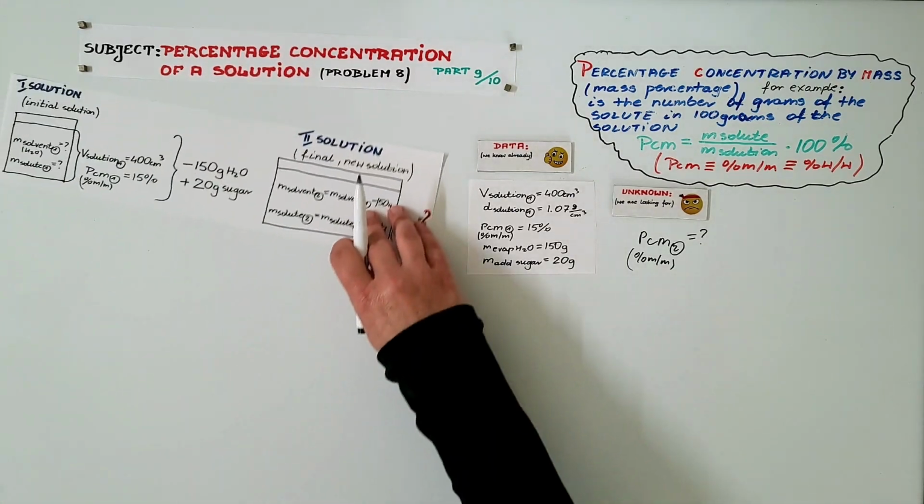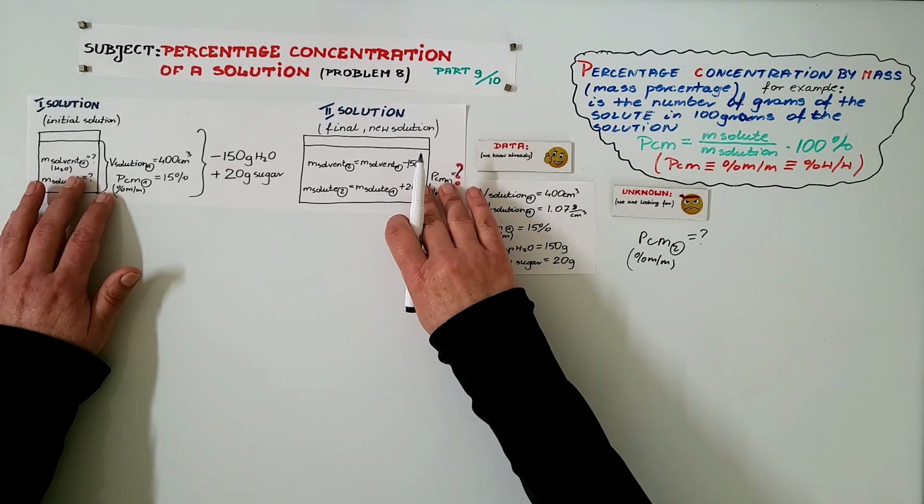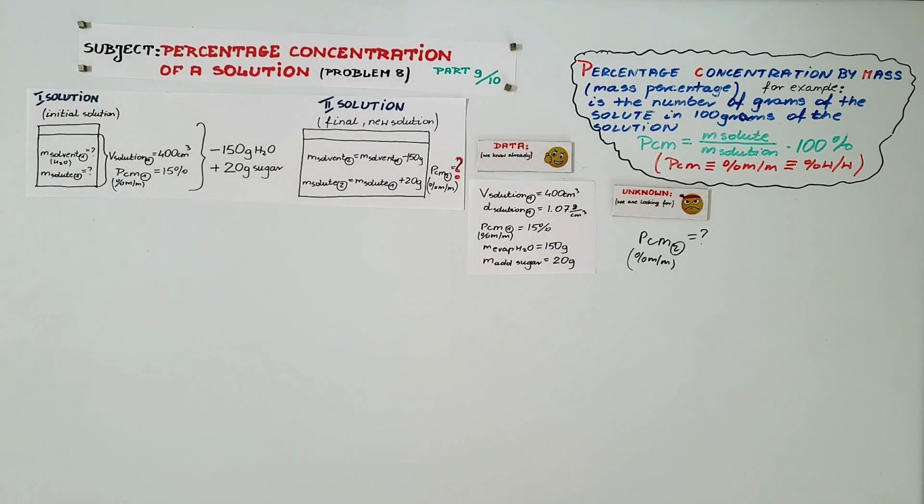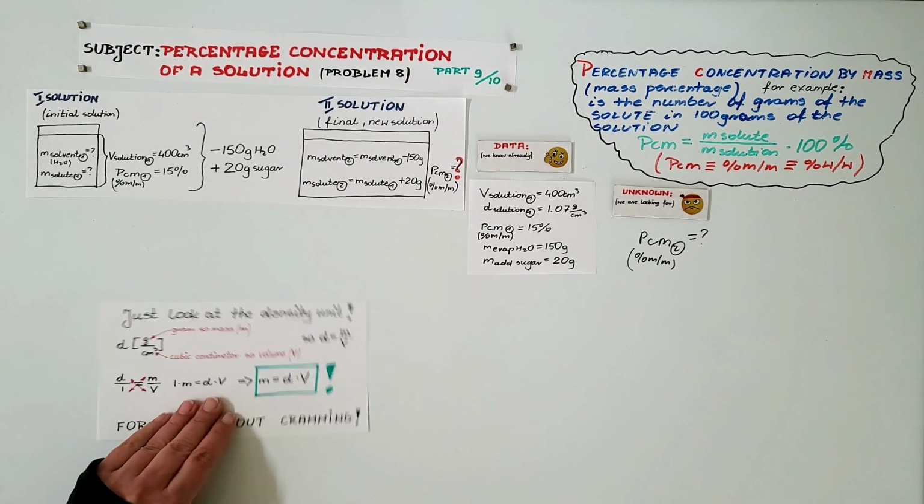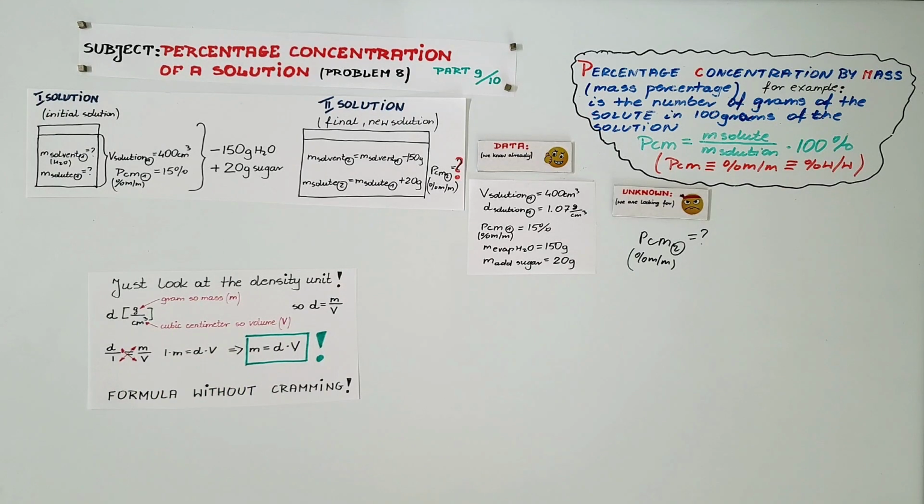Again, as in the previous problem, we have the volume of the solution and we need to know the mass of the solution. So how to go from volume to mass based on density? Just look at the density unit.